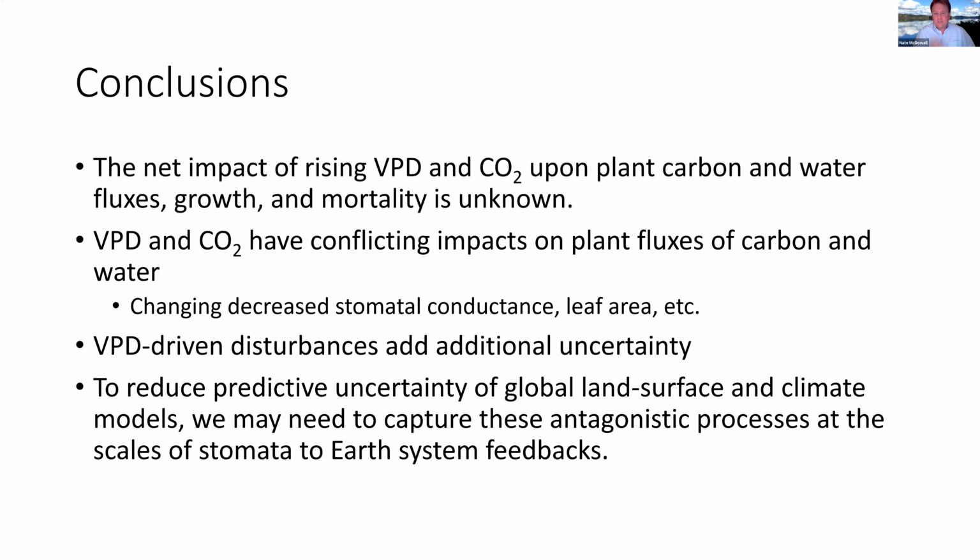The VPD-driven disturbances add, I think, a large additional uncertainty to the global scale and regional scale simulations of transpiration, et cetera, at the plant scale up to the feedbacks on things like rainfall. And so I think to reduce this uncertainty of global land surface and climate models, we need to make sure that we already are or will soon capture these antagonistic processes at the scales that matter.